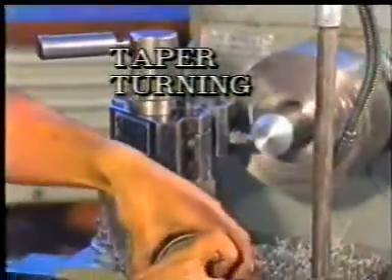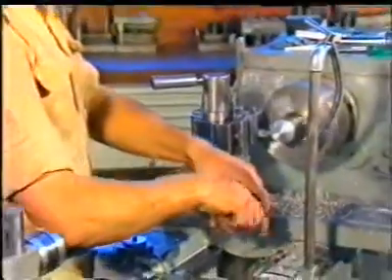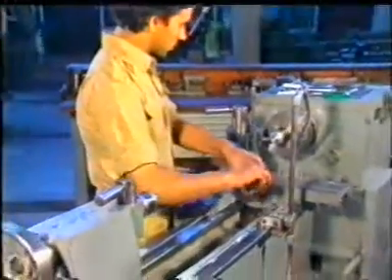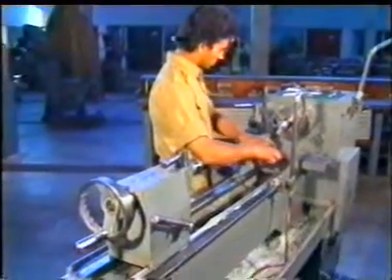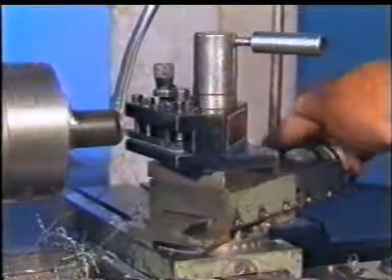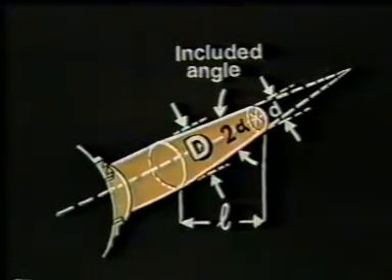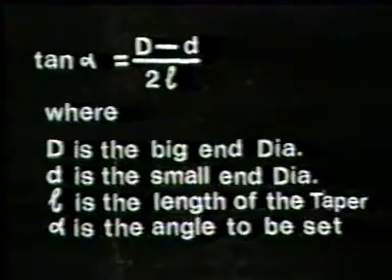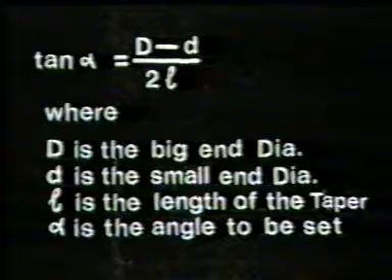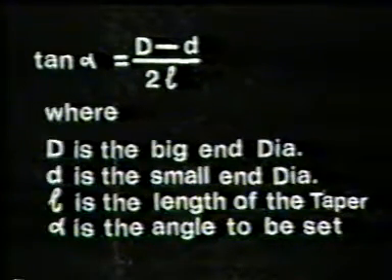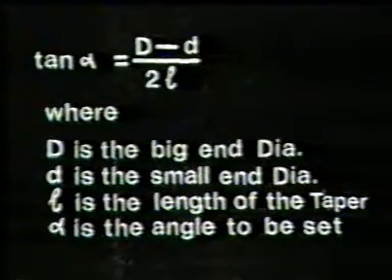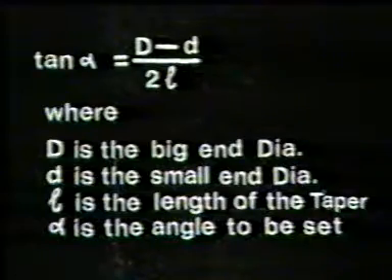Tapered turning means to turn a conical surface. For turning short tapers by using the compound slide, the angle to be set is calculated by the formula shown, where D is big end diameter, small d is small end diameter, L is the length of the taper, and alpha is the angle to be set.